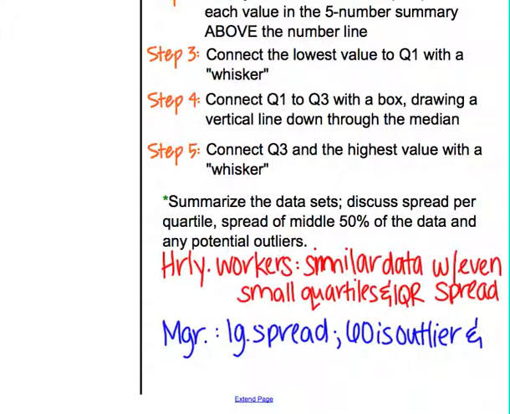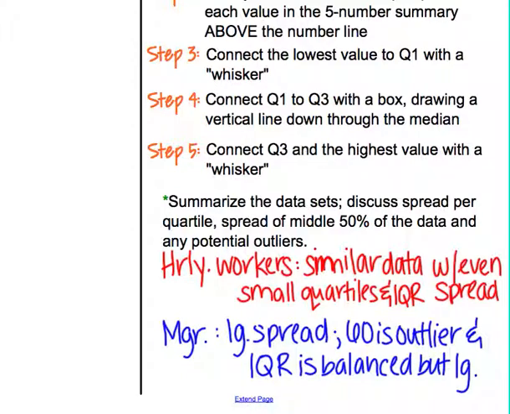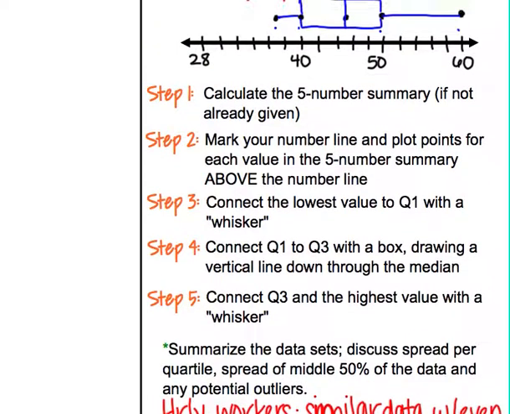And the IQR is balanced but large. Because if you look, it spreads out over the course of 40 to 50. That's 10 hours. But it's pretty well balanced because it goes from 40 to 45 and 45 to 50.